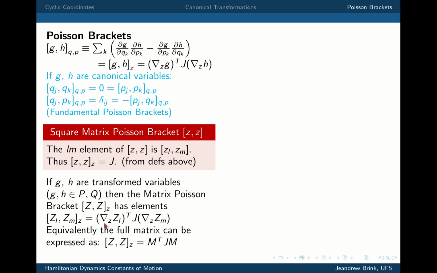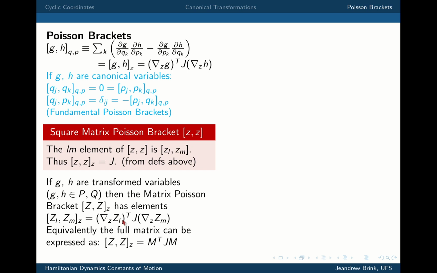And now what we're going to say is, we can simply write this, and we can use the definitions of what these things are, which is exactly the same as how we defined our Jacobian. So if you look very carefully, this gradient of big Z_l with respect to little z, if you do it for all the components, it's simply this Jacobian matrix.